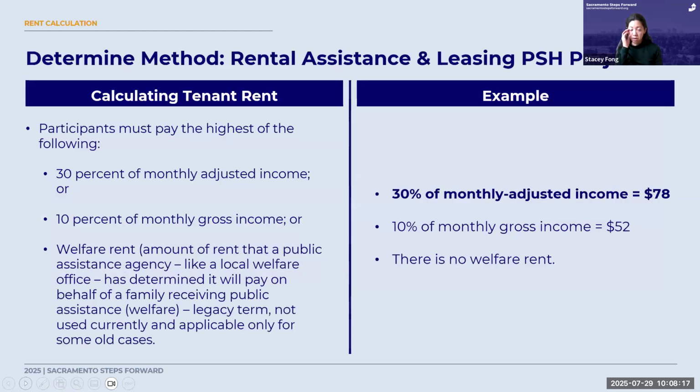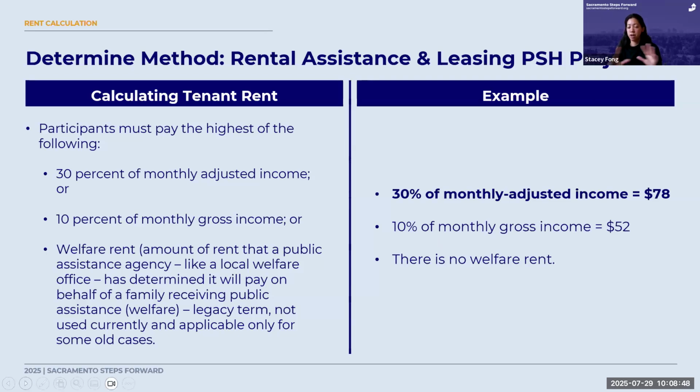So the next step in determining the method really goes into calculating the rent. Participants must pay the highest of the three listed here: 30% of monthly adjusted income, 10% of the monthly gross income, or welfare rent, which is now a legacy term, so it's not currently used, and it's only really applicable in very few cases.